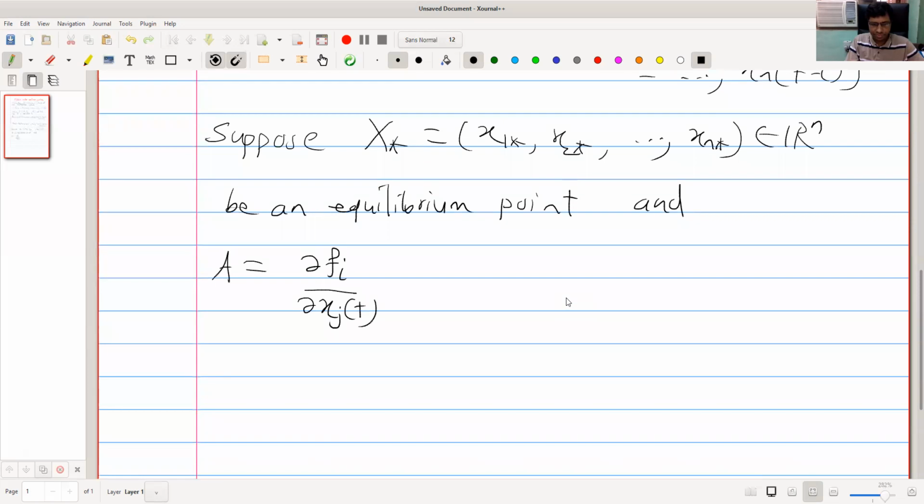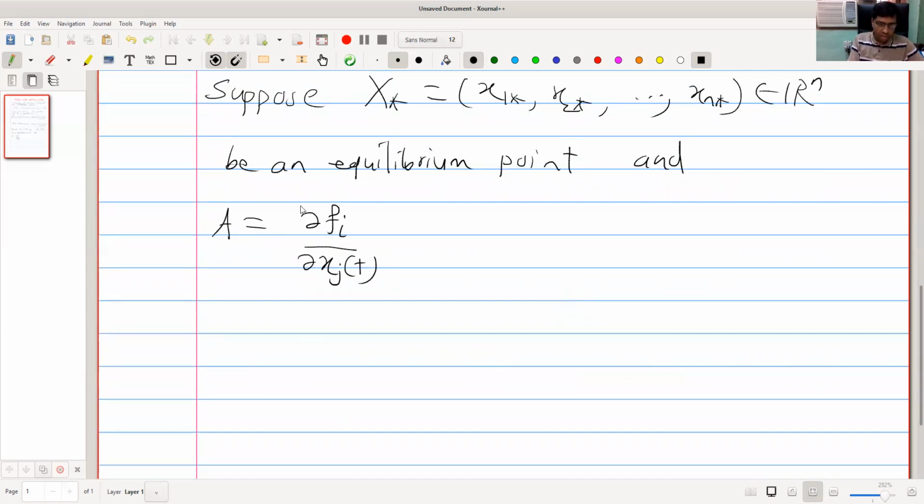evaluated at xj of t equal to xj star, and xj of t minus tau is also xj star.